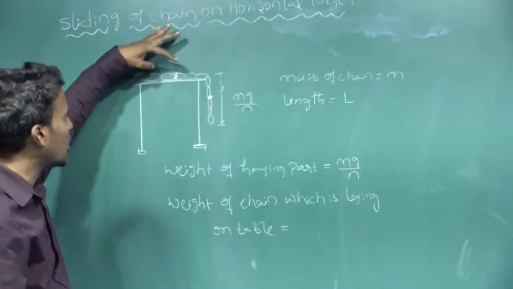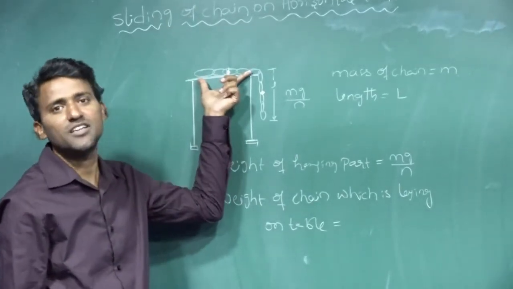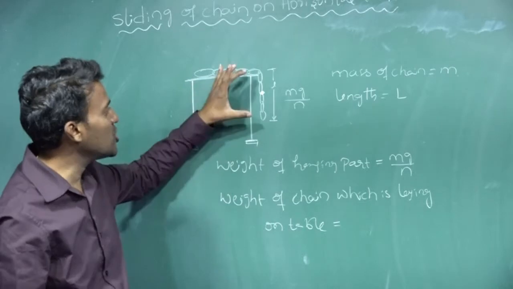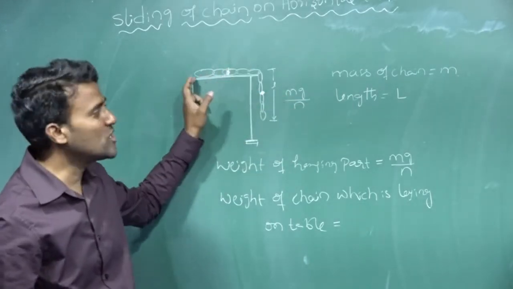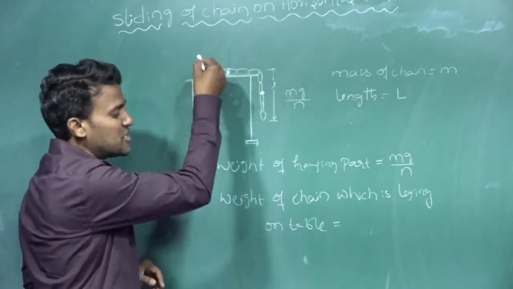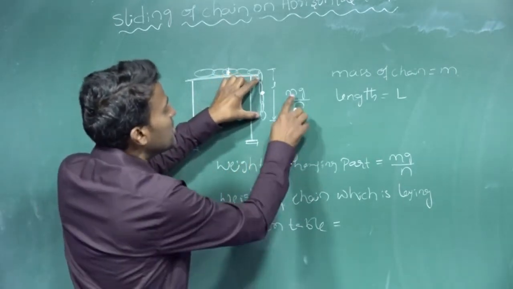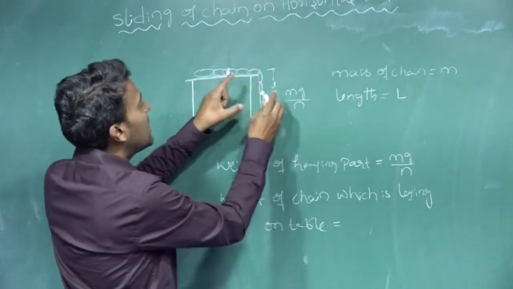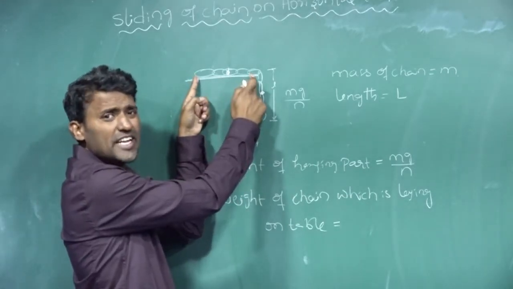You don't know actually how much of the chain is lying on the table, but you know mg by n weight of the chain is hanging. Total weight is mg, and if I subtract mg by n from the total weight, I can get the weight of the chain which is lying on the table.